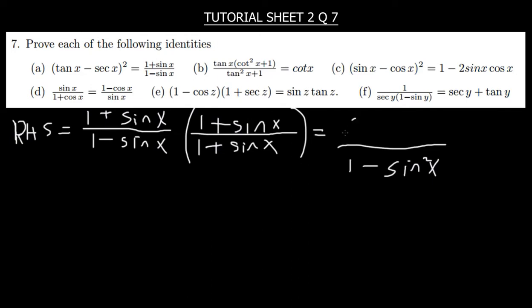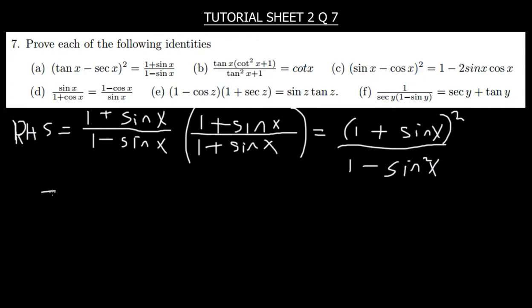Then you have that on top there, just the same as writing 1 plus sine x, and then everything squared, because this times that is just the same as writing that.